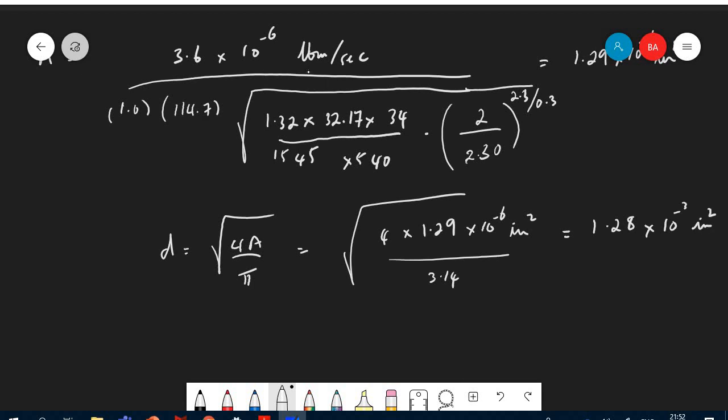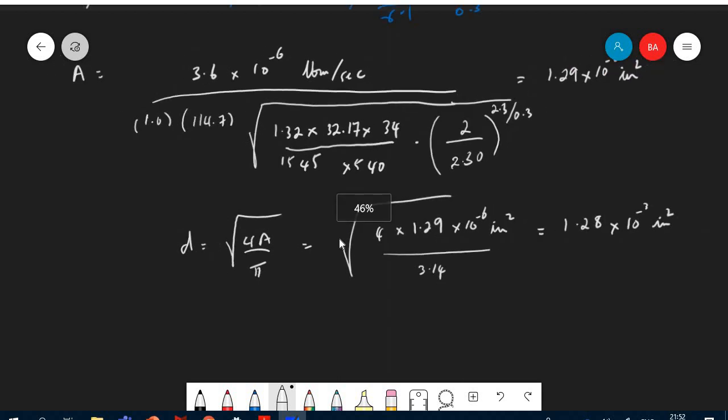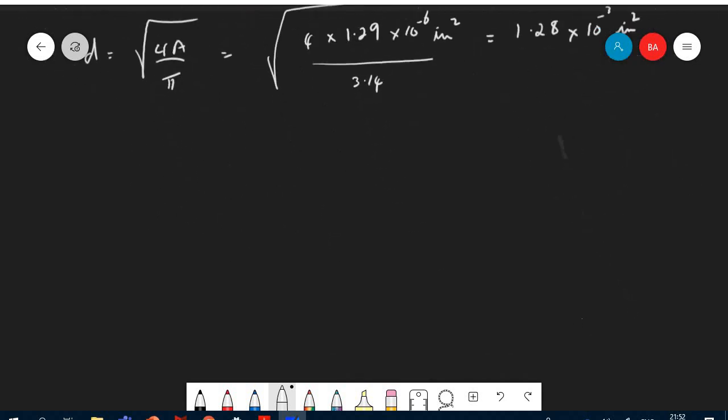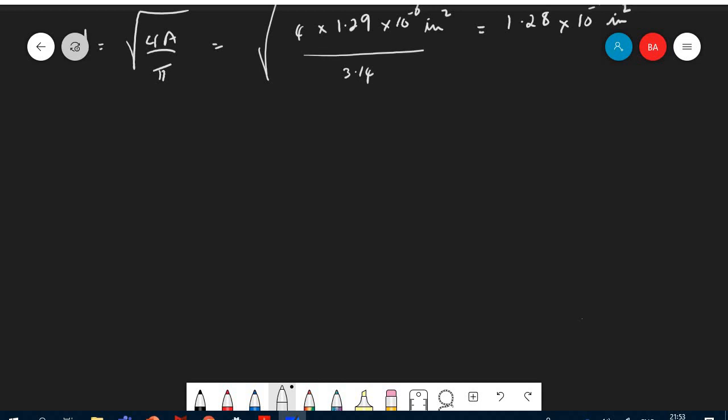Just imagine it's that small an opening, with this little flow rate, that would cause us to reach the threshold limit value. Amazing. You can see how sensitive things can be, especially when we are dealing with toxic substances, and we need to be very careful when we deal with them.